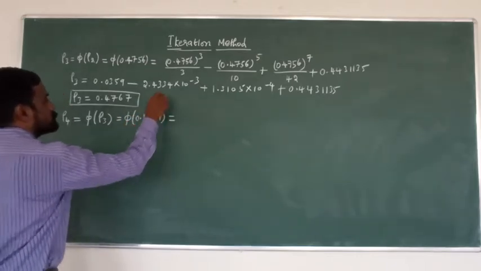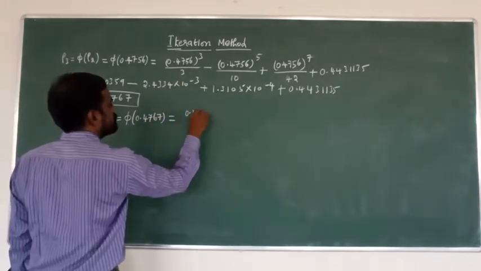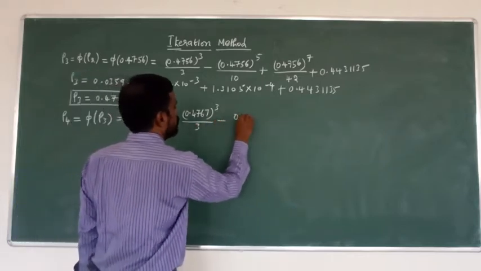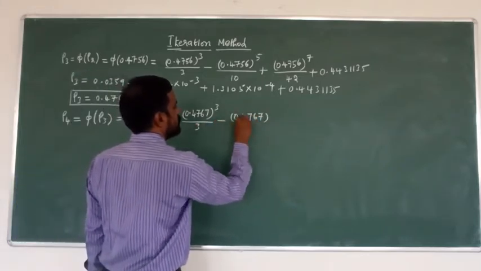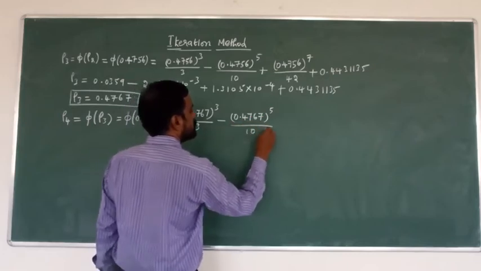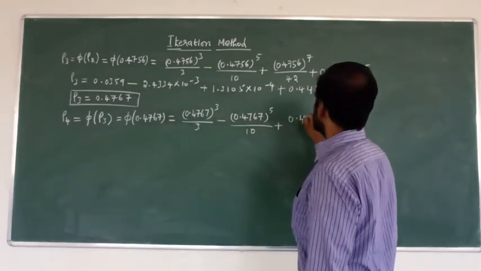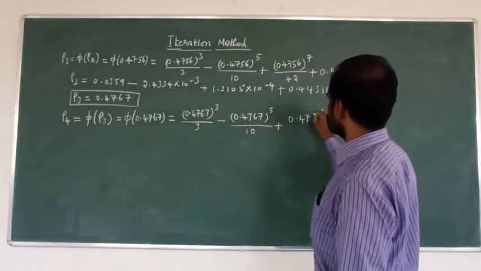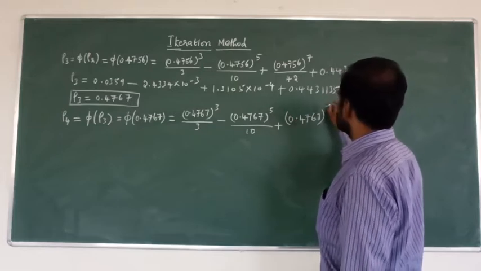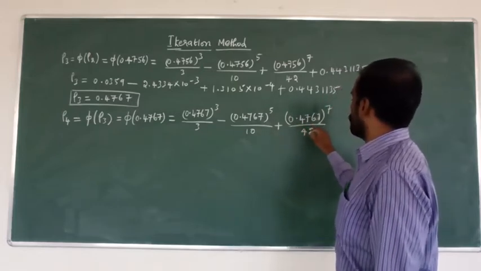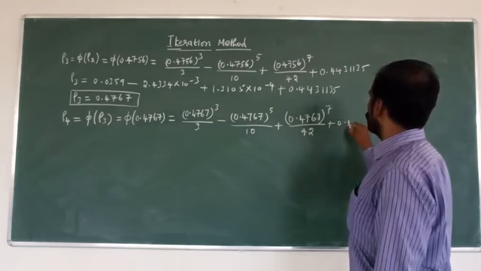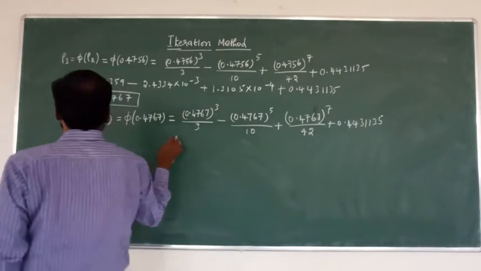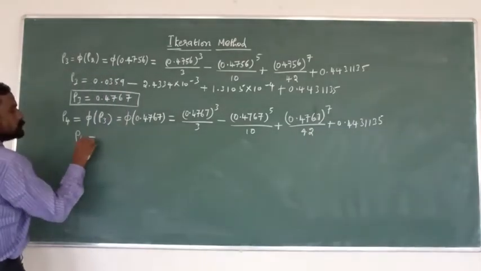Now to substitute here 0.4767 cube divided by 3 minus 0.4767 power 5 divided by 10 and plus 0.4767 power 7 divided by 42 plus 0.443135.